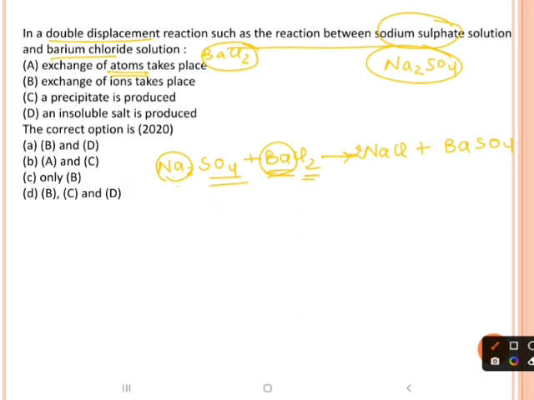Secondly, you see, exchange of ions takes place. Are these the ions which have exchanged, or are these the atoms which have exchanged? Third is a precipitate is produced, and fourth is an insoluble salt is produced. Now what can be the possible answers for the given question? See, first of all, the sodium is an atom, but when it gets separated, what do you think? Is it an atom at that time or is it an ion?